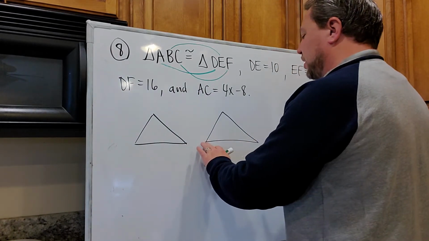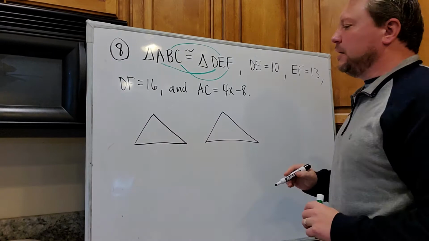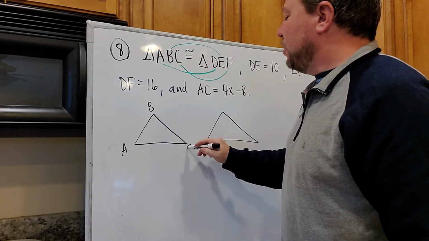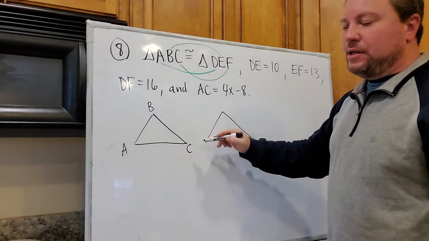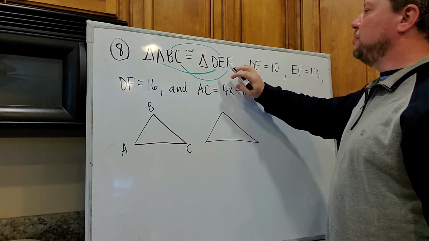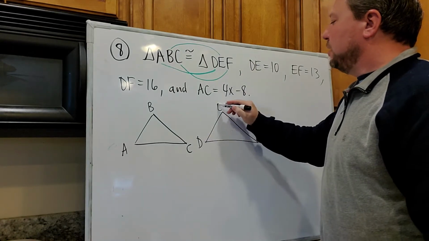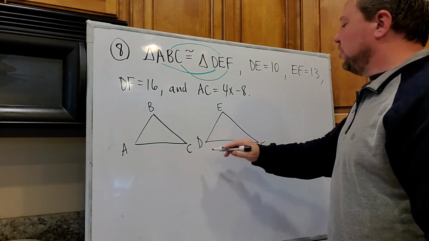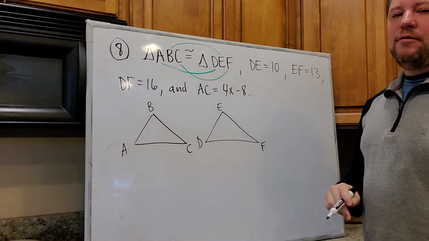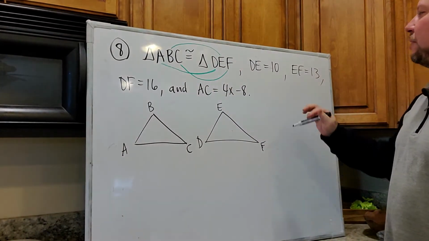So I've got a couple of triangles again that are supposed to be congruent here. And again, I want to letter them the same way. So if I go up and over ABC on this one, and this is just going to be a simple translation to the new spot, then this one would be DEF, again going up and over. So that all my corresponding vertices match up there again.